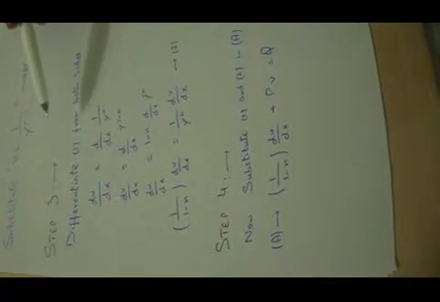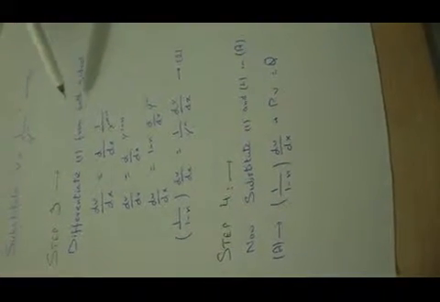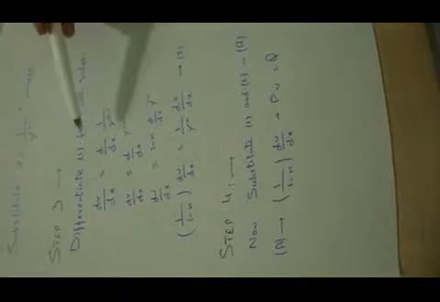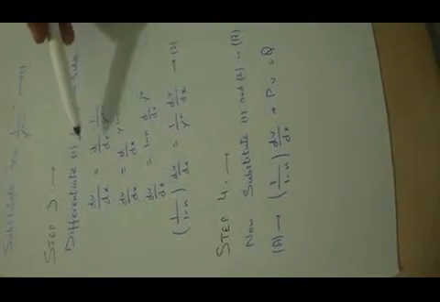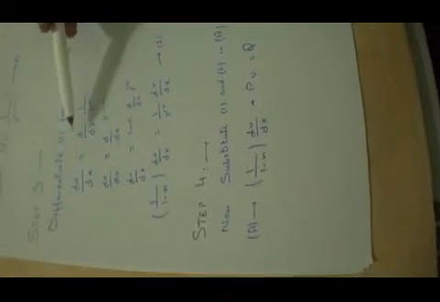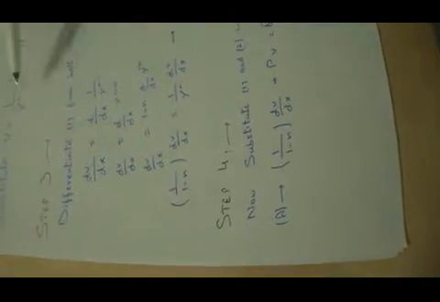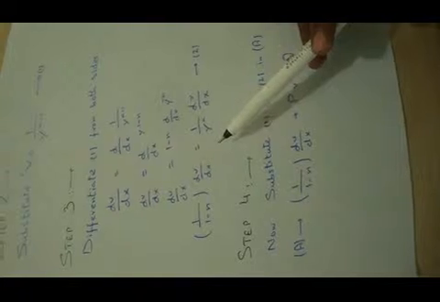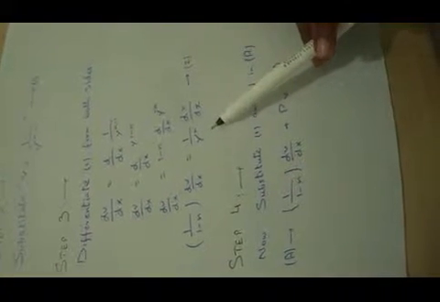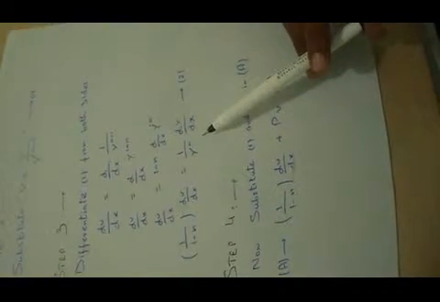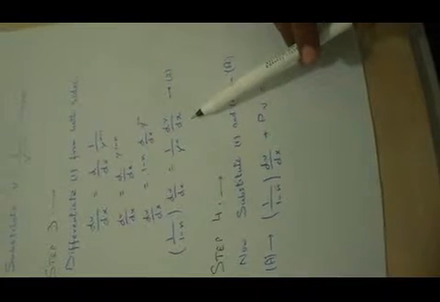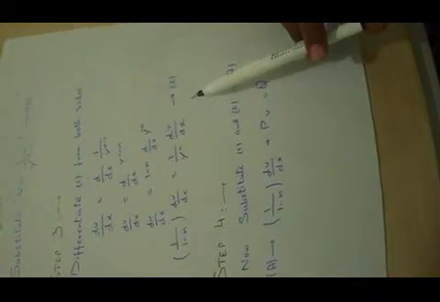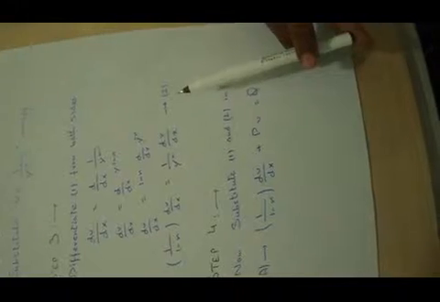Step 3 is to differentiate equation 1 on both sides. After differentiating v = 1/y^(n-1), we get 1/(1-n) dv/dx = (1/y^n) dy/dx, and we call this equation 2.